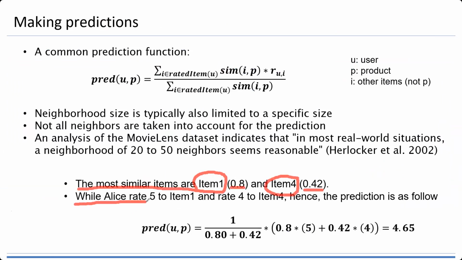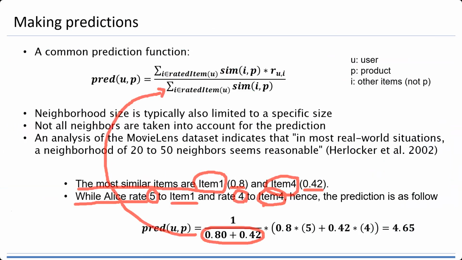So I want to know, Alice rated 5 to item 1 and Alice rated 4 to item 4. So what is the prediction for item 5 of Alice? We can use this formula.